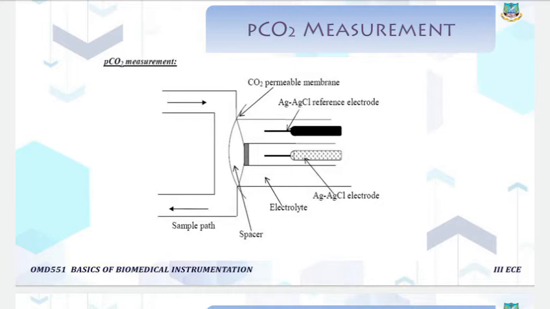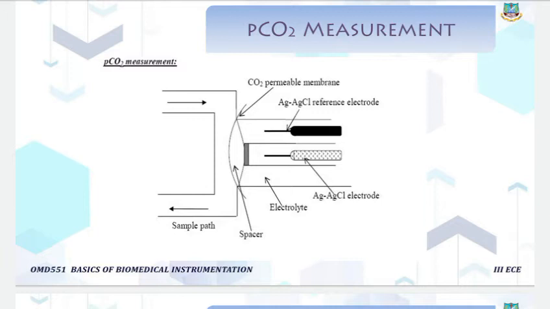The diffusion of carbon dioxide alters the pH of the electrolyte, thereby changing the potential output of this modified pH electrode. This gives the PCO2 in the sample.